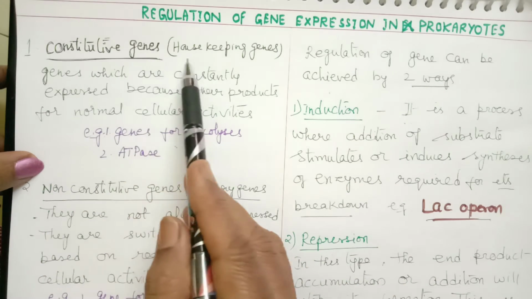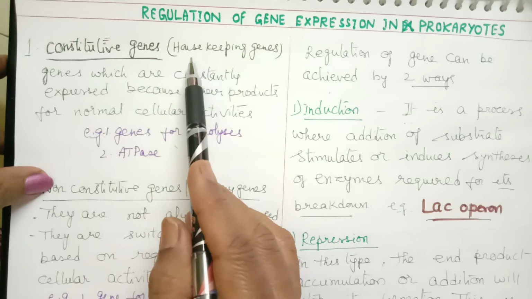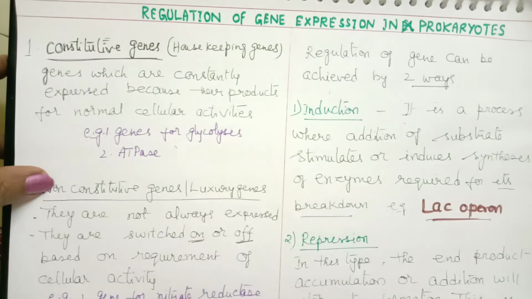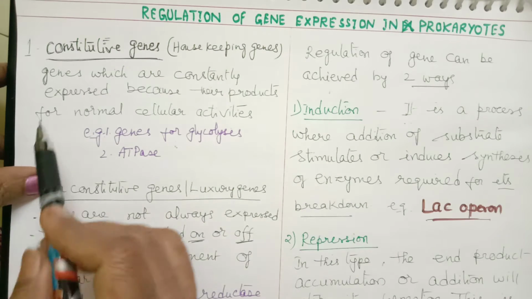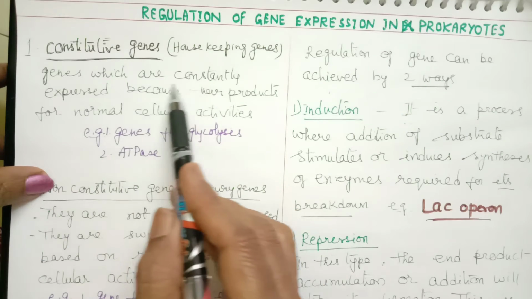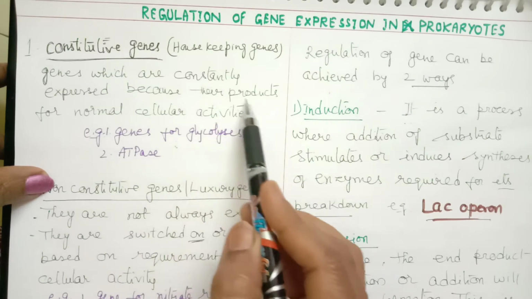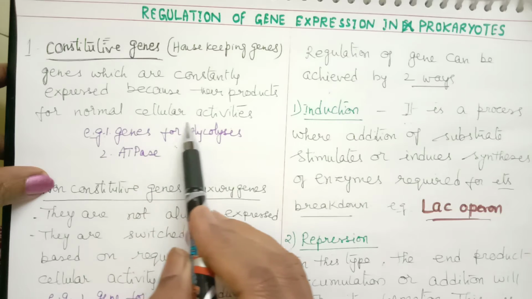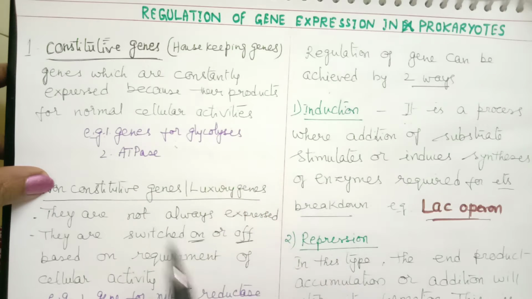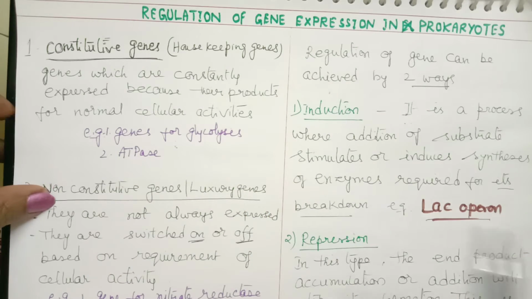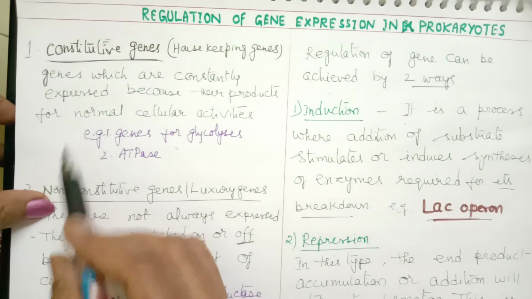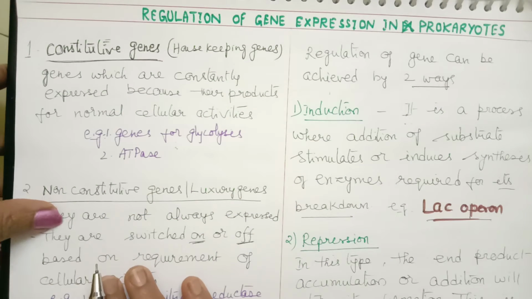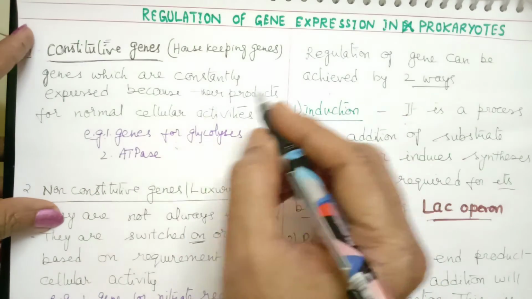First type are called constitutive genes, or housekeeping genes. Constitutive or housekeeping genes are those which are constantly expressed because their products are required for normal cellular activities. These genes are continuously expressed. Why do they have to be expressed? Because their products are required.